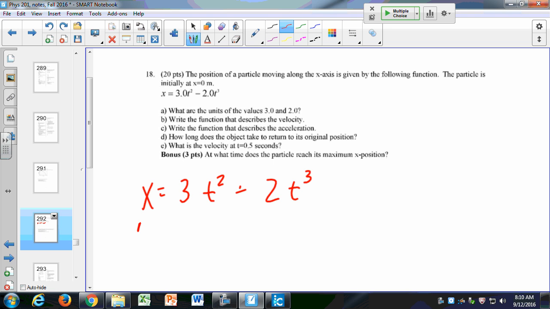The units are meters, so they have to be meters all the way throughout. Since t is seconds squared, this has to be meters per second squared, right? It's just a dimensional analysis question. And since t is seconds cubed, what must 2 be units of, y'all? Right, meters per second cubed.